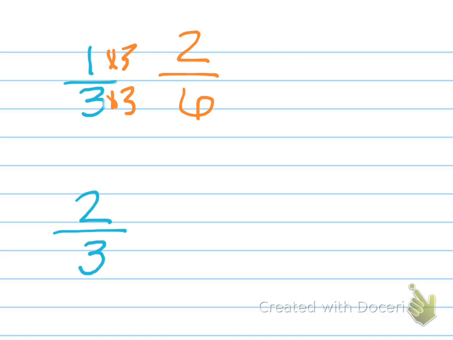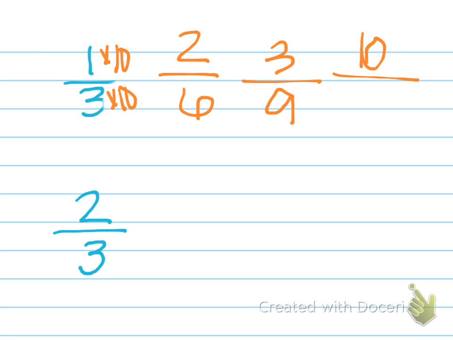So 1 times 3 is 3. 3 times 3 is 9. Or we can multiply them both by 10. 1 times 10 is 10. 3 times 10 is 30. You can multiply them by any number as long as you do the numerator and the denominator to get your equivalent fractions.